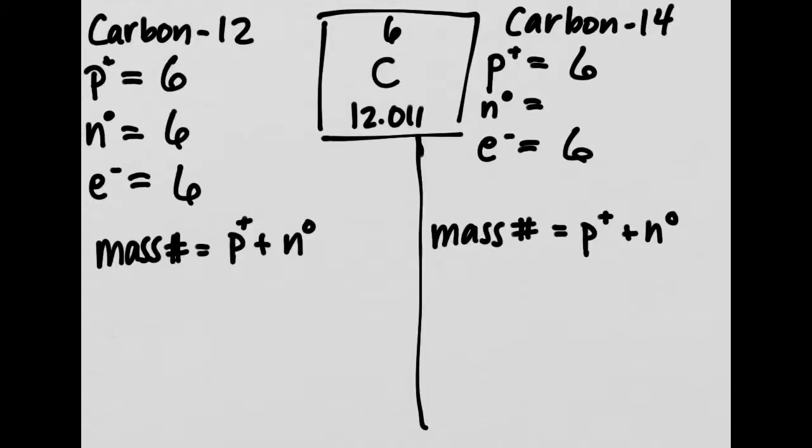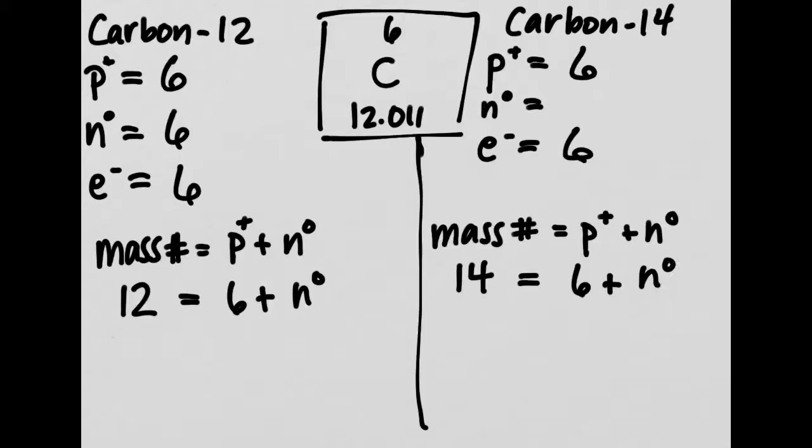Remember that the name of my isotope always includes the mass number. So the mass number for carbon-12 was 12, and the mass number for carbon-14 was 14. Both of them have 6 protons. And to figure out the number of neutrons that I have, all I have to do is solve for n in each instance.